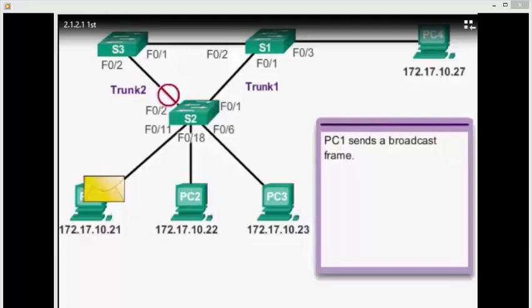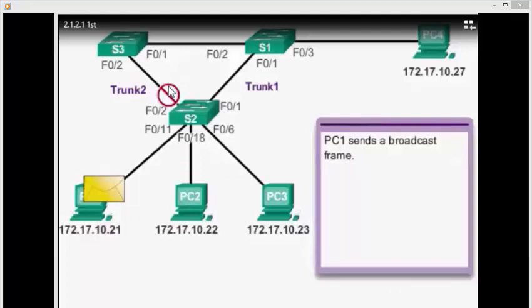The blocking state prevents ports from being used to forward user data, and this prevents loops. Switch 2 forwards a broadcast frame out all switch ports except the originating port from PC1 and the port for trunk 1.